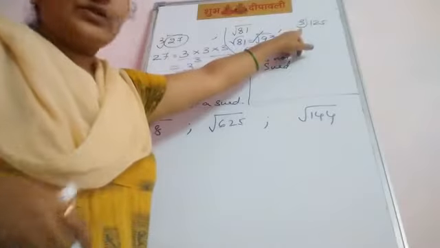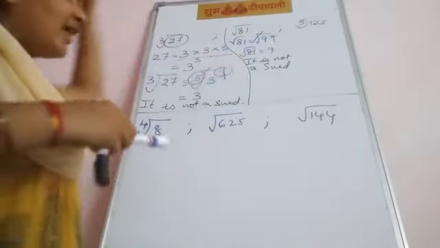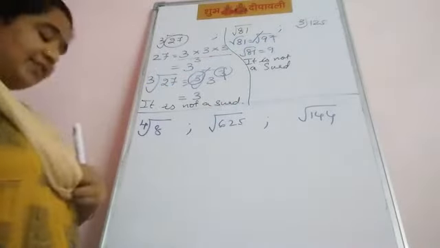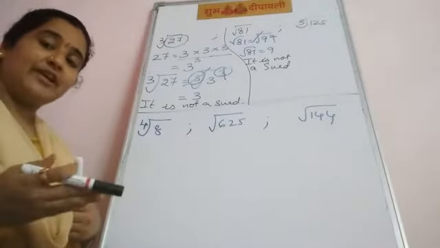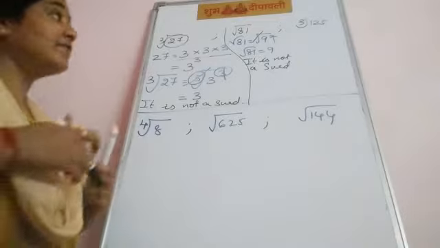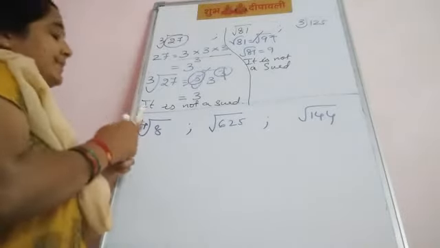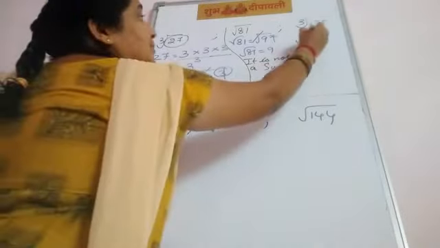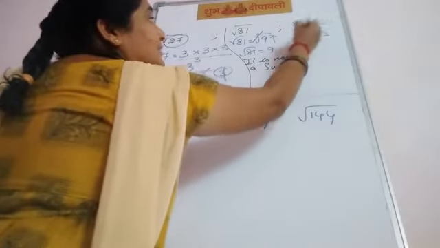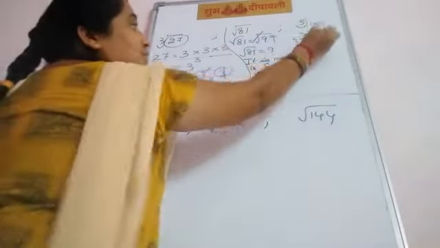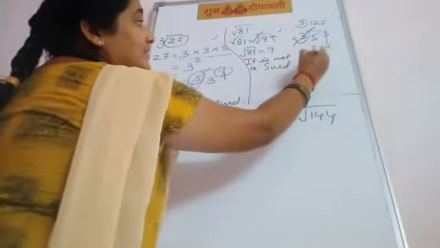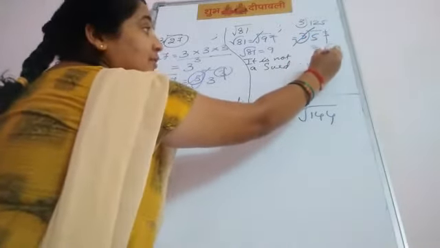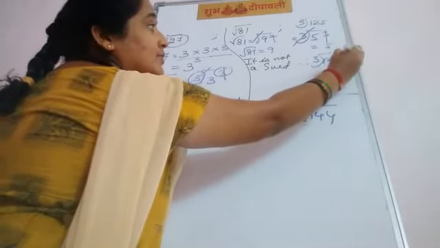And next question: cube root of 125. 125 can be written as 5 cube. 5 fives are 25, 25 fives are 125. Cube root of 5 cube. This cube and cube root get cancelled. What remains? 5. Therefore, cube root of 125 equals 5.